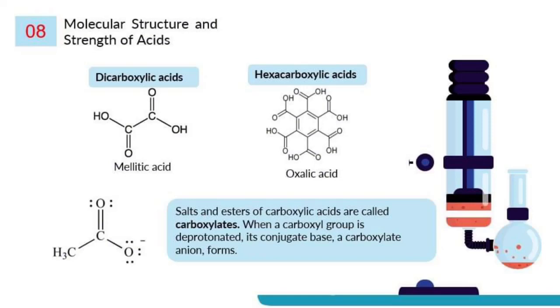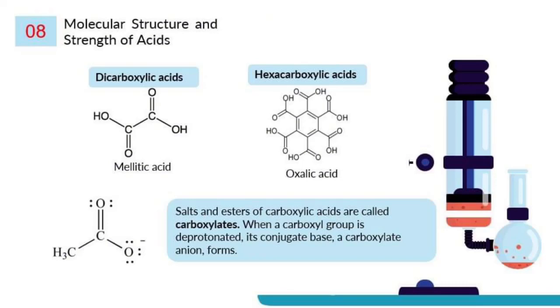When a carboxyl group loses a proton, it forms its conjugate base, known as the carboxylate anion. Carboxylate ions exhibit resonance stabilization, meaning that the negative charge can be delocalized over multiple atoms within the molecule.